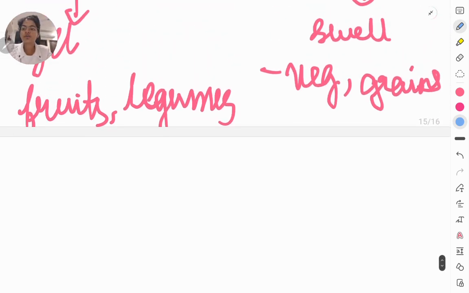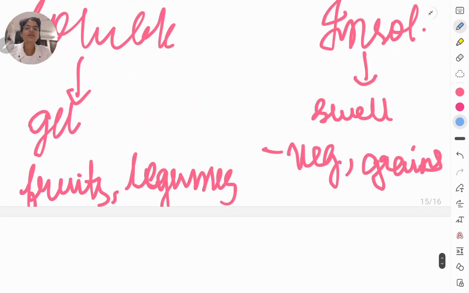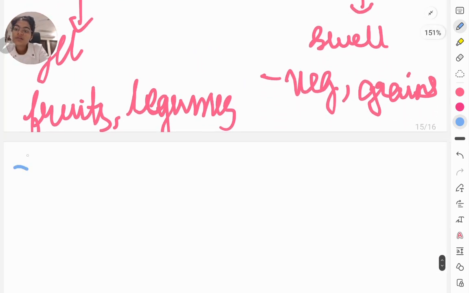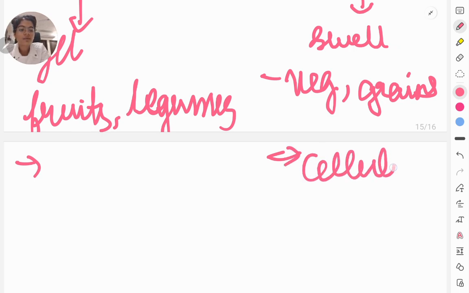Before that, I forgot to tell you one thing. Here in the soluble, the fruit and legumes are the sources which have soluble fiber. For example, here for insoluble it is cellulose, hemicellulose.